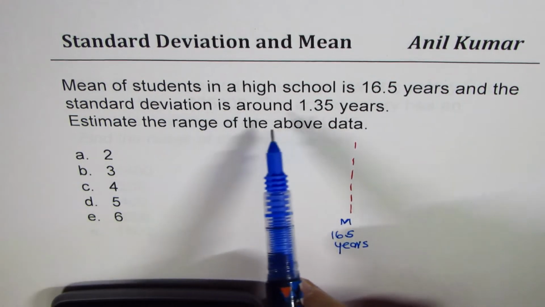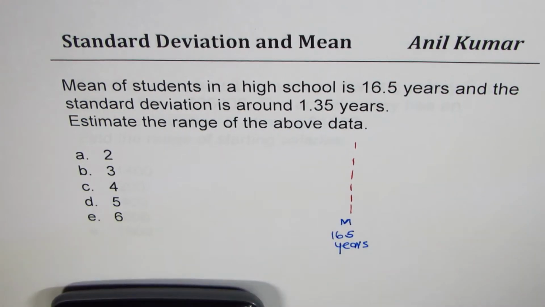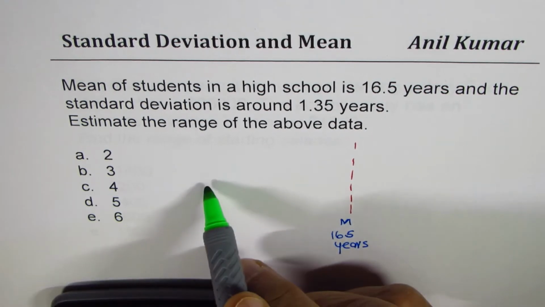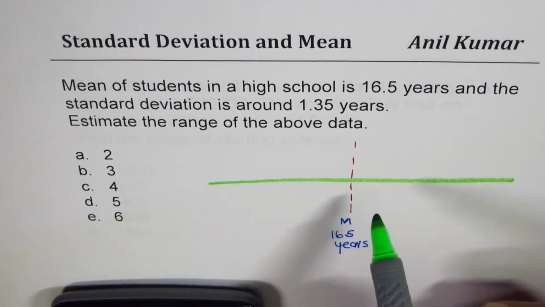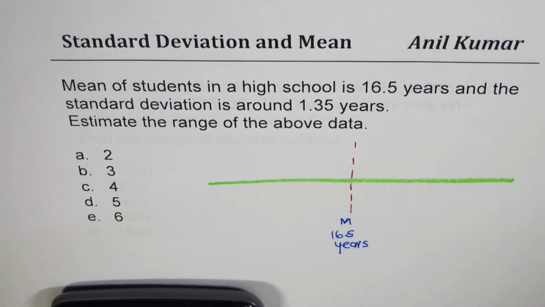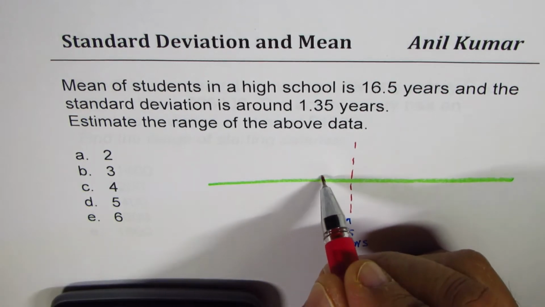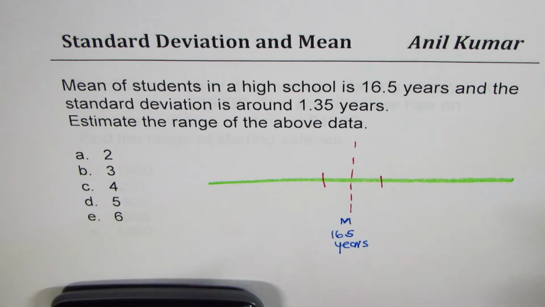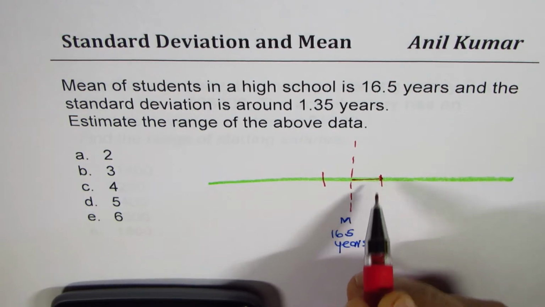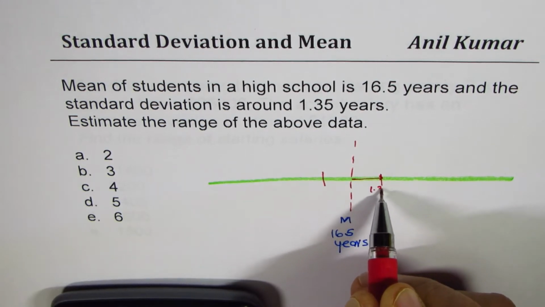And standard deviation is around 1.35 years. So that basically means that, let me just draw a line here. That's the mean. Standard deviation is, let us say, 1.35 years. So if you move this side, you have to go 1.35.